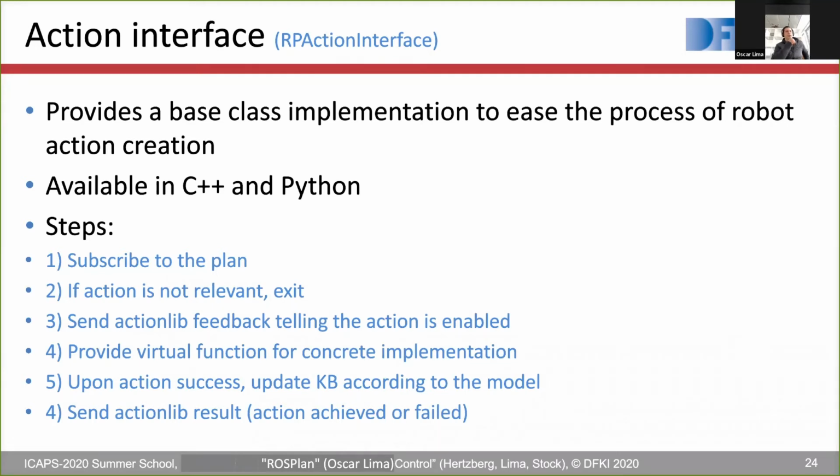And then the next one is your concrete implementation. So here is where you need to override or implement this virtual function to actually do what you want your robot to do. So this will be navigate to somewhere, or move the arm to somewhere, or trigger your perception algorithm so that you perceive an object, and so on.